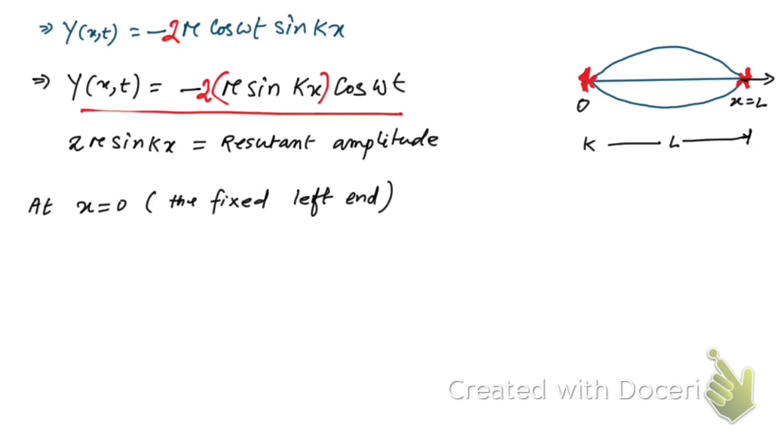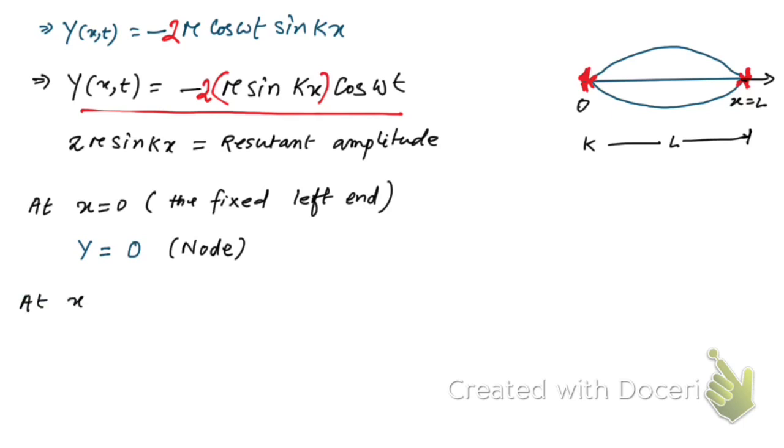So in that case we get y is equal to 0, the resultant displacement will be equal to 0. As y is equal to 0, this end is a node, right?